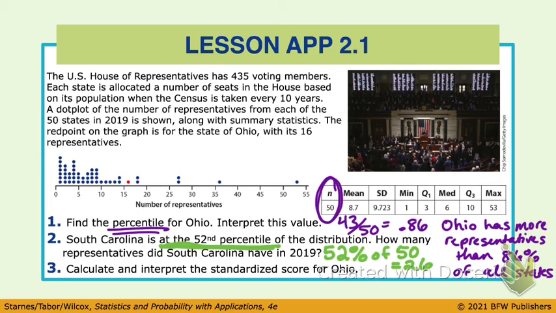So I'm going to just count the bottom 26. 1, 2, 3, 4, 5, 6, 7, 8, 9, 10, 11, 12, 13, 14, 15, 16, 17, 18, 19, 20, 21, 22, 23, 24, 25, 26. So that means South Carolina is right here. So it looks like that's going to be at 7. Looks like these are by ones. So South Carolina had 7 representatives.